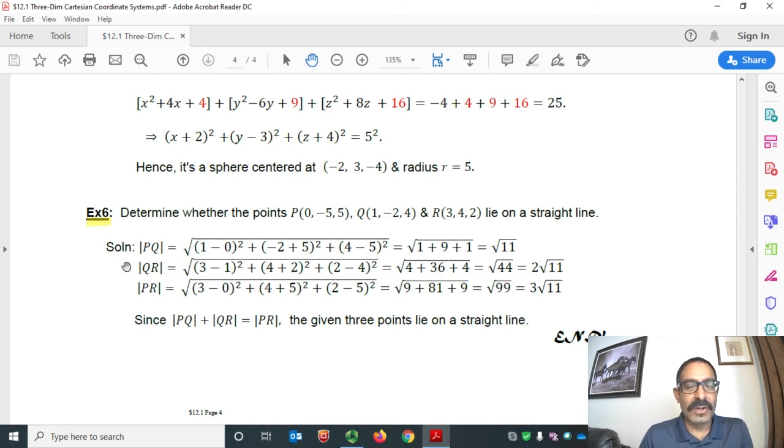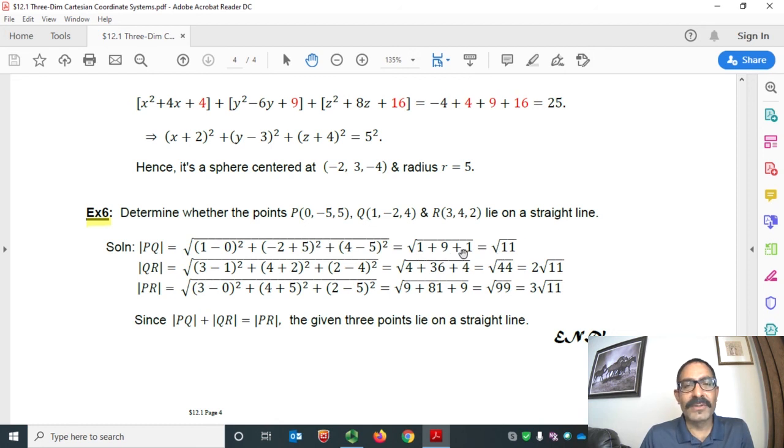So compute the distance PQ: under the radical (x2 minus x1) squared plus (y2 minus y1) squared plus (z2 minus z1) squared. That means (1 minus 0) squared plus (minus 2 minus minus 5), which is minus 2 plus 5, squared, plus (4 minus 5) squared. Simplify, it gives you radical 11.